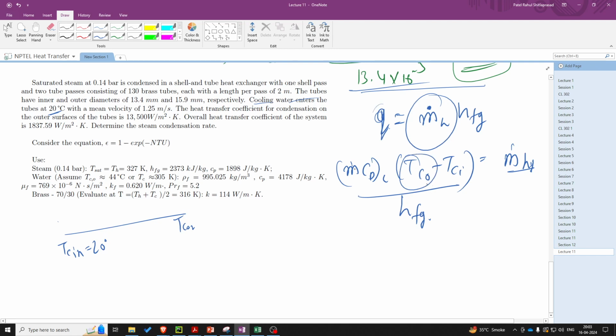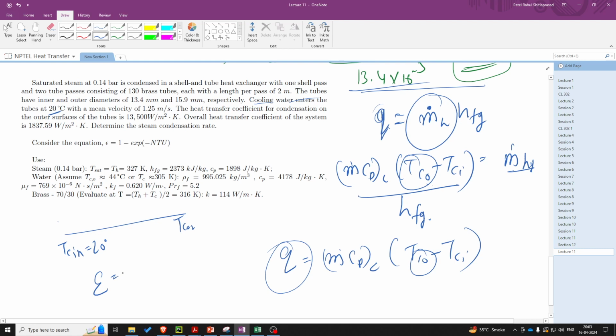Again, we can use the same correlation, that is Q = m_c Cp_c times (Tc_out minus Tc_in), to calculate Tc_out. Now Q we can calculate from the effectiveness factor. Effectiveness we define as Q upon Q_max, which implies that Q will be equal to epsilon times Q_max.